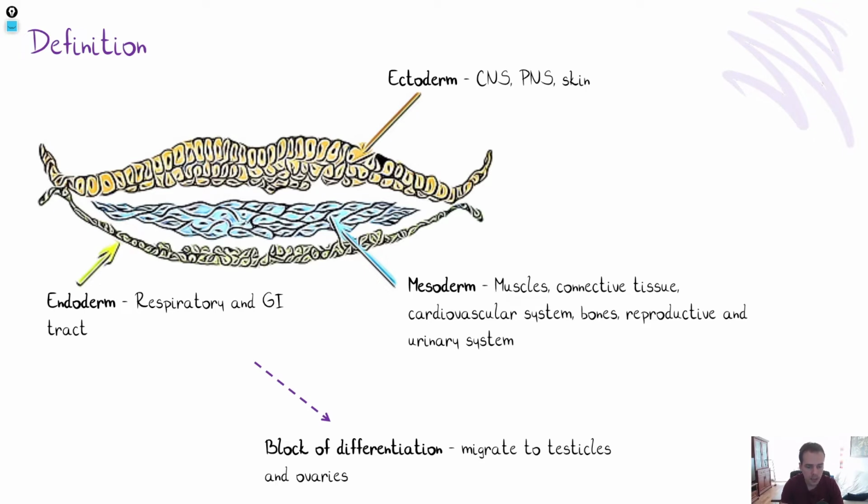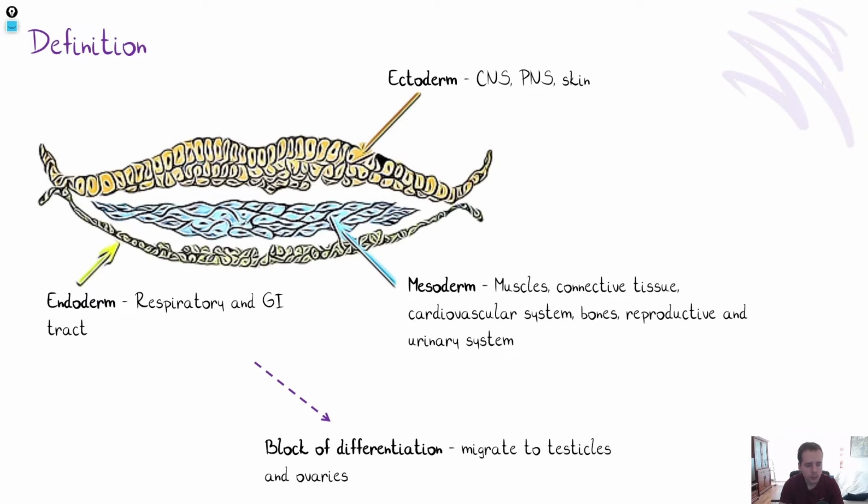And this is how the pool of germ cells is ensured for the next generations. So there is a block of differentiation in some germ cells that don't differentiate into mature somatic tissues, but stay on the level of immature gonocytes, basically, and they migrate and seed developing testicles and ovaries.